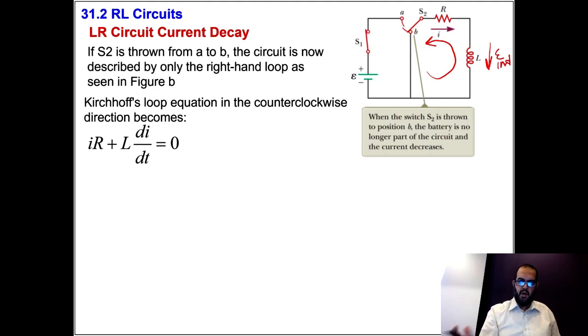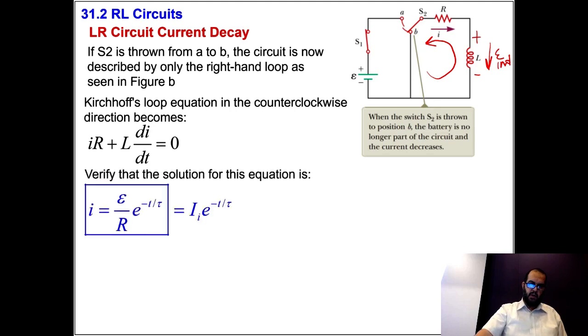And now we're going from the negative to the positive polarity, so we get plus L di/dt. Again, this is a differential equation, very similar to what we had earlier. We can play the same mathematical trick and obtain the solution. You can verify that if you plug it in here, it will give us 0.